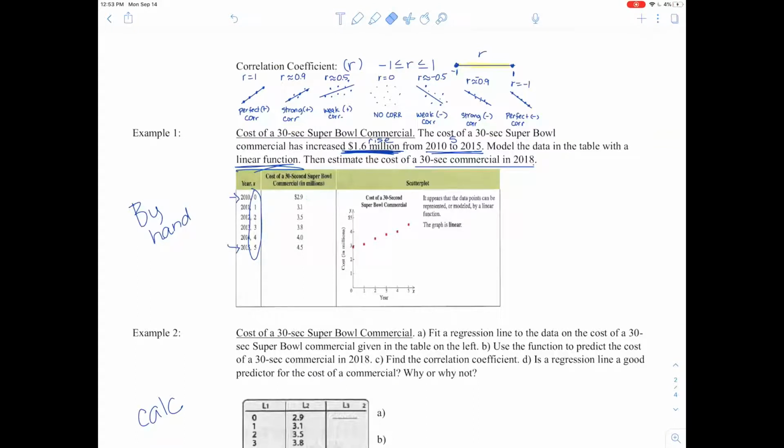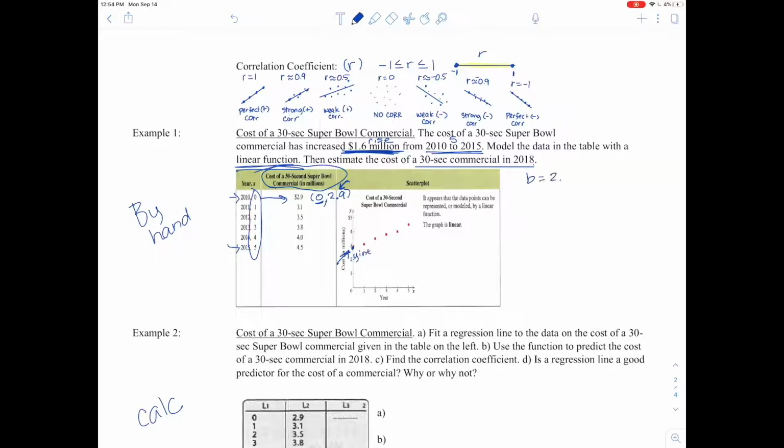Okay, so it says that the cost of a 30-second Super Bowl commercial in the millions for year 0 is 2.9. So that's the point (0, 2.9). First of all, I really like that point because my x is 0. This point right here is my y-intercept. So that's my b.